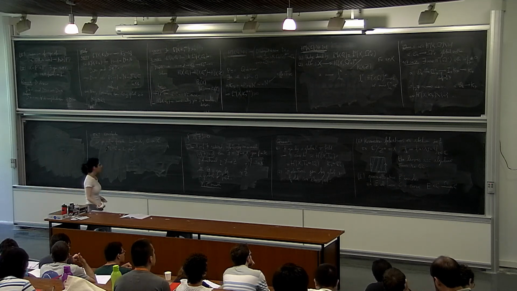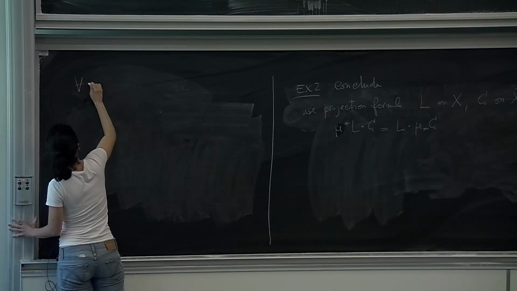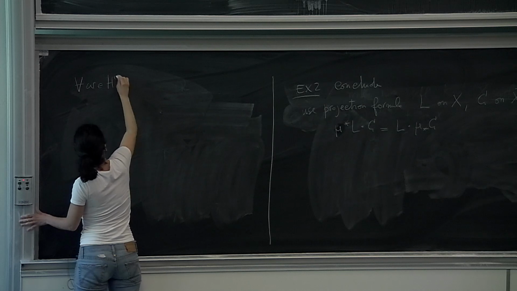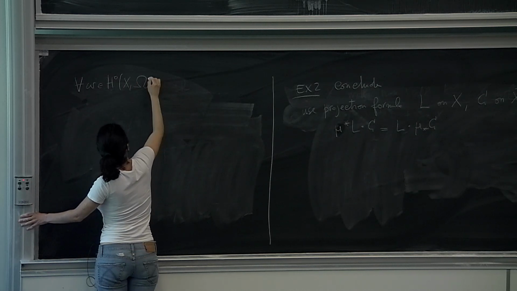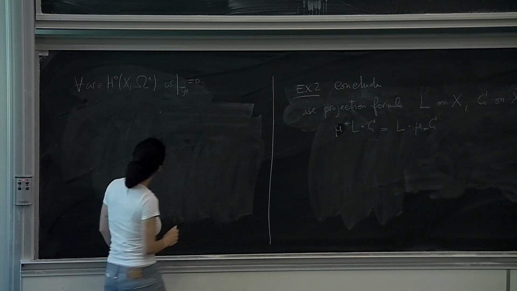And so what is the other case? The other case is that for all global sections, the restriction is 0.